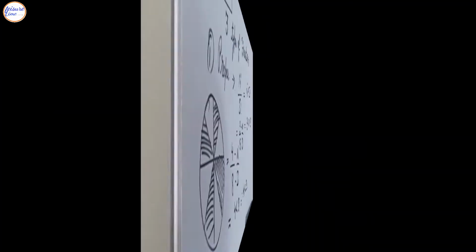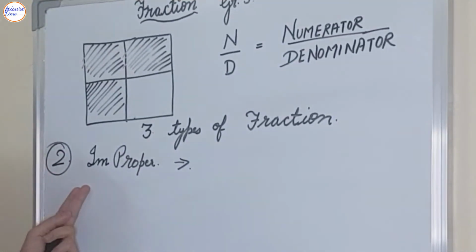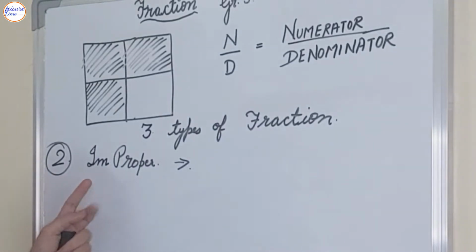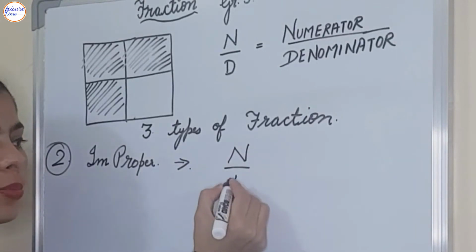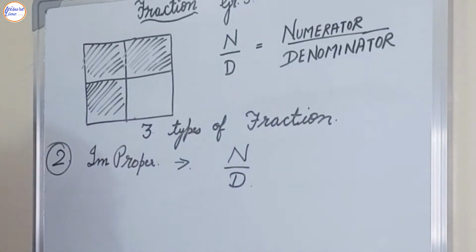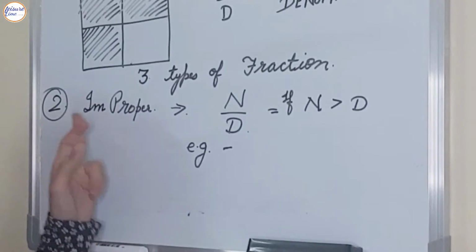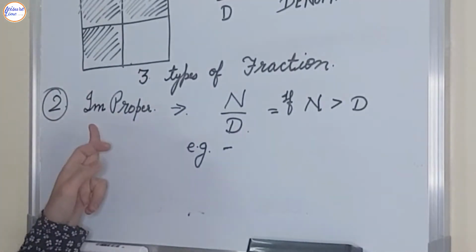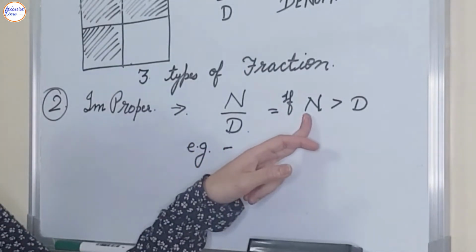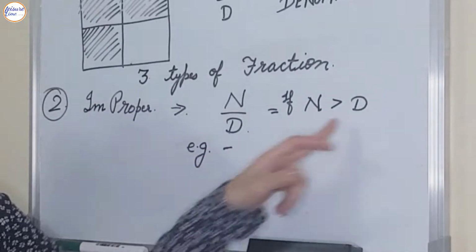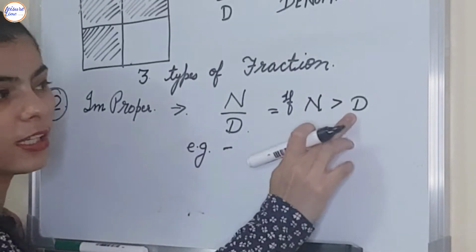Okay, now next part of the types of fraction is improper fraction. So in this fraction also you know numerator and the denominator. So see now improper fraction. In improper fraction, remember that if numerator is greater than denominator.